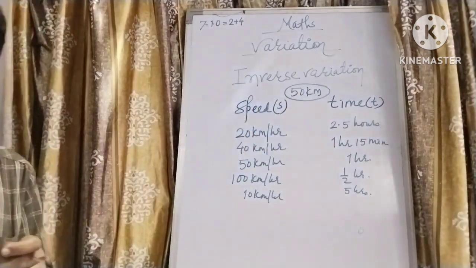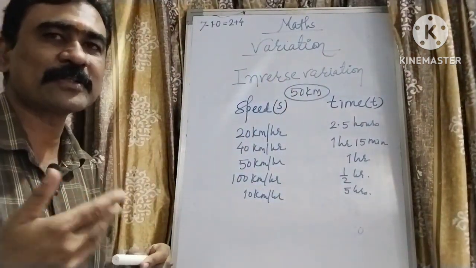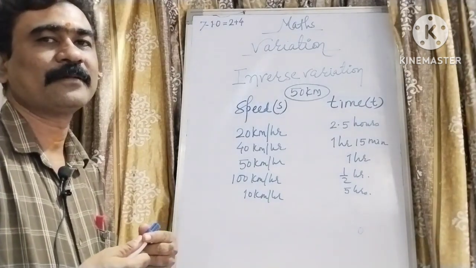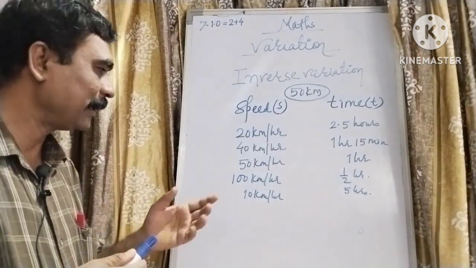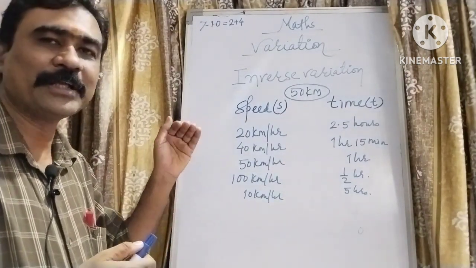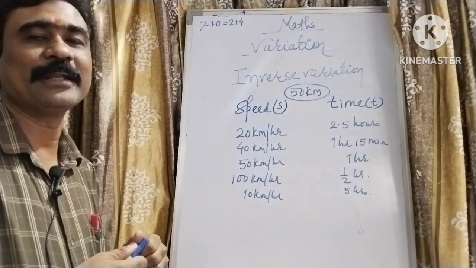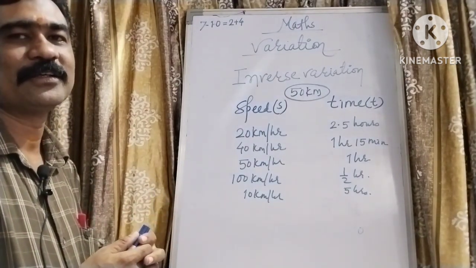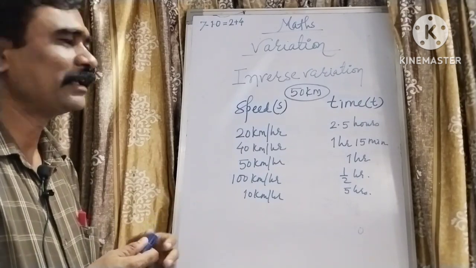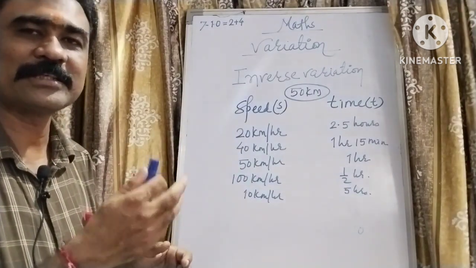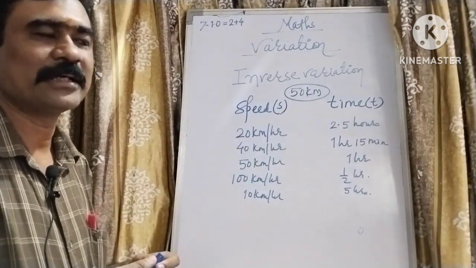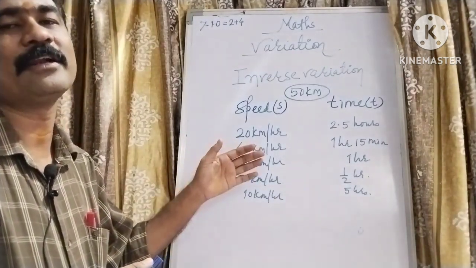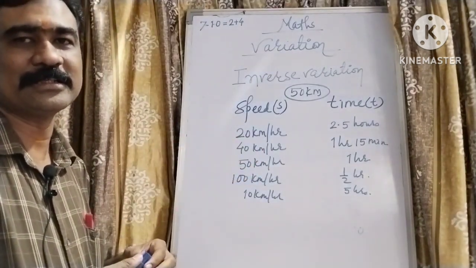So see here, if you increase your speed, then time will decrease to complete your journey, and if you decrease your speed, then time will increase. So if one quantity increases, the second decreases, and if one quantity decreases, then the second quantity increases.